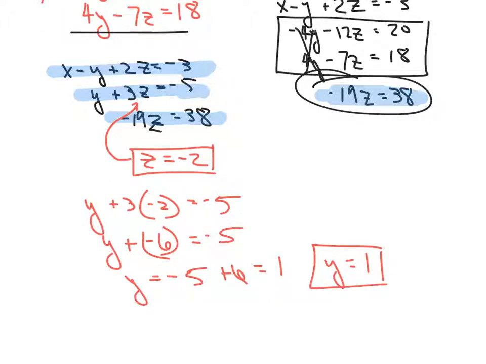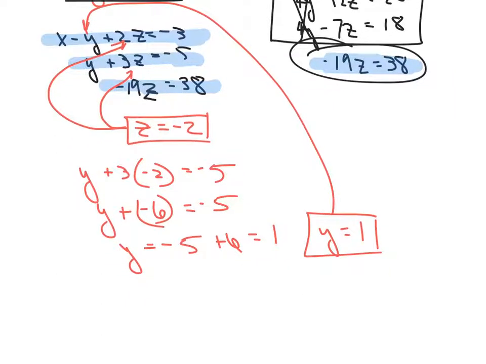Okay. Now we take our z is negative 2, put it here. Our y is 1, and put it here. Okay, so let's move this up a little bit. And we get x minus 1 from here plus 2 times negative 2 equals negative 3.